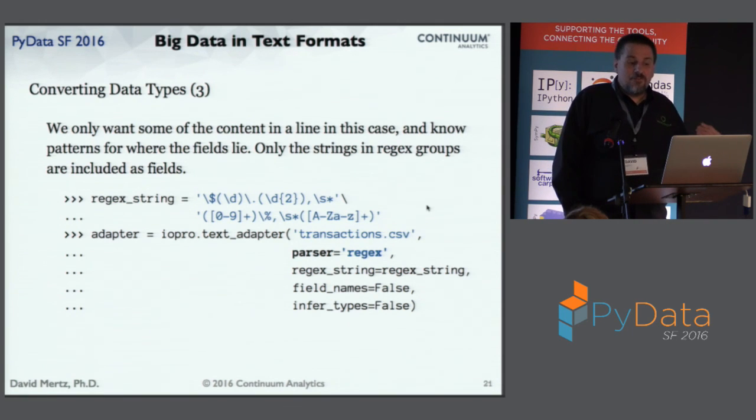So what I'm looking for is the things that are in the regex groups. You see that some of the stuff is surrounded by parentheses in the regular expression, and others isn't. The stuff that isn't in any of the groups, we're just throwing out. We're not interested in that data. We're discarding it. But the stuff that is in the groups, we're going to use as the data we're reading in.